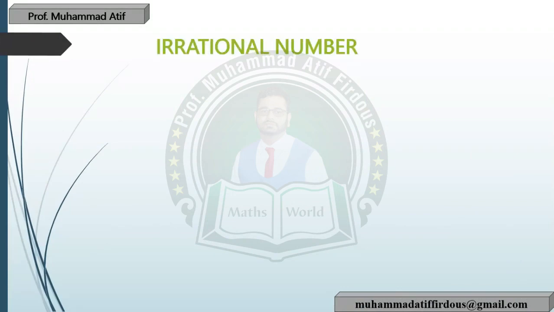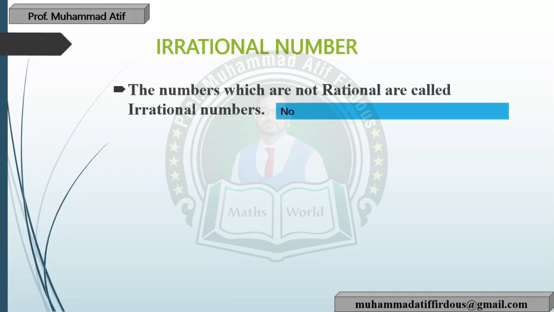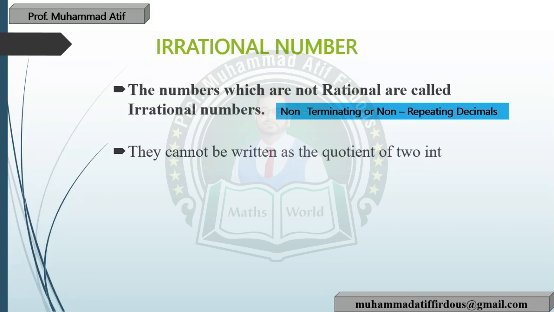Now, irrational numbers. The simple definition of an irrational number: the numbers which are not rational are called irrational. Obviously, a number which is not rational is an irrational number. Or you can just remember this as a non-terminating, non-repeating decimal. Or you can say that they cannot be written in the form of P over Q, the quotient of two integers.